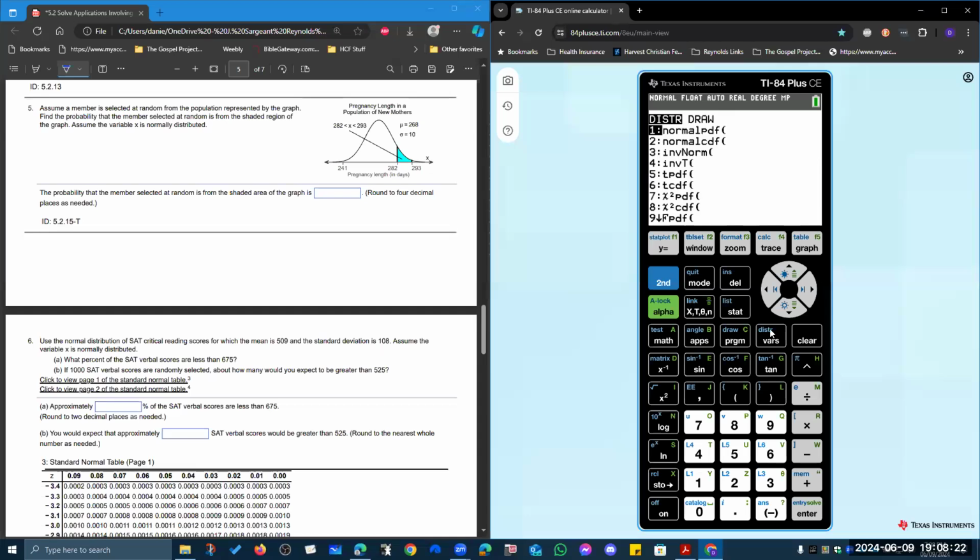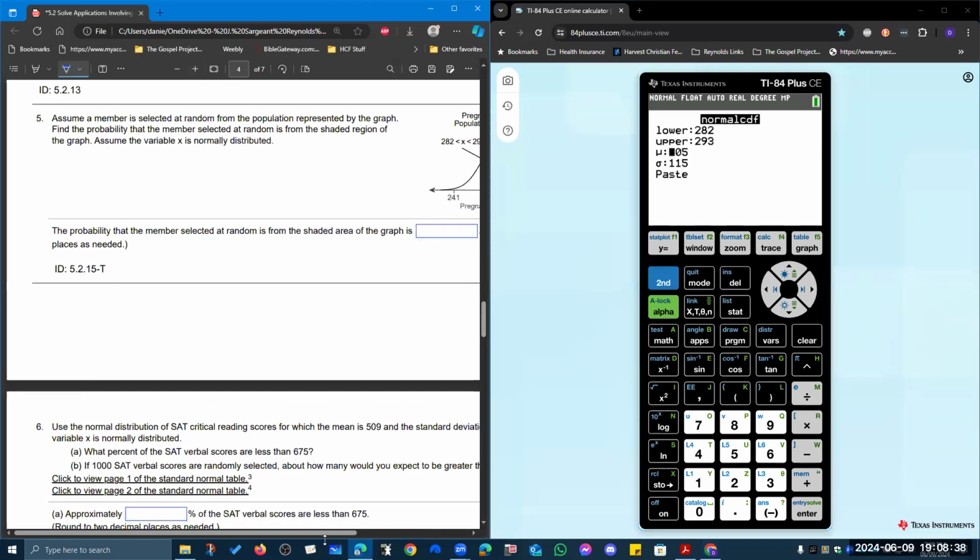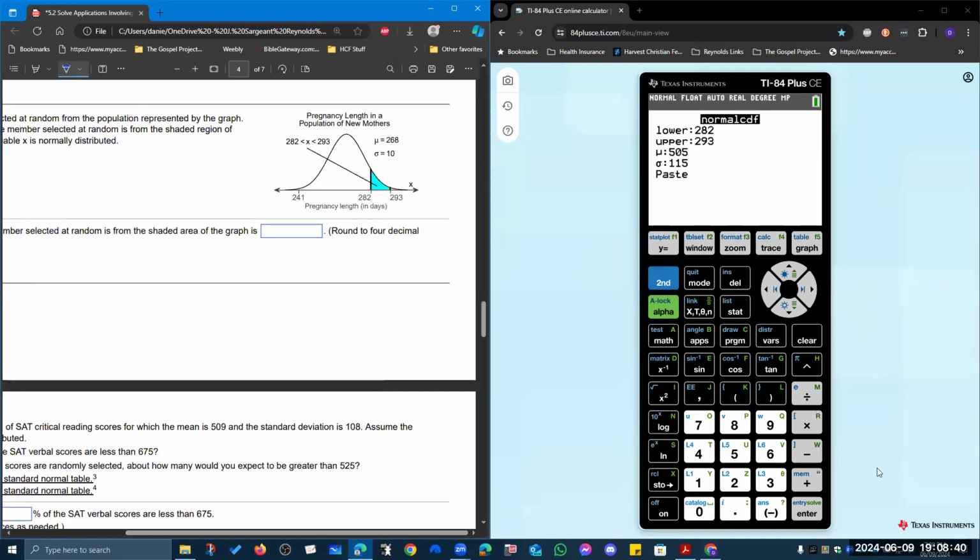So second distribution, number 2, 282 to 293, and the mean is 268, and the standard deviation is 10. And this is 0.0745.